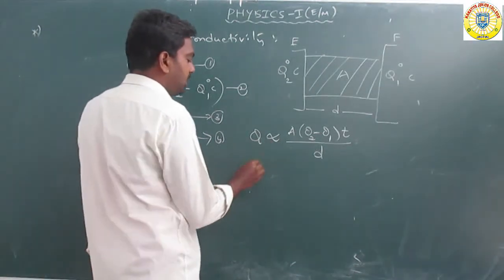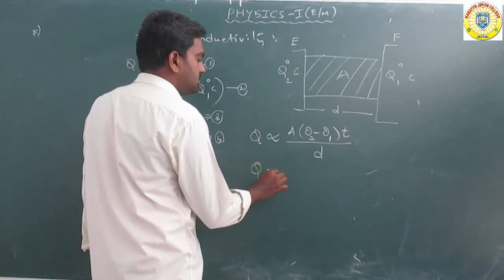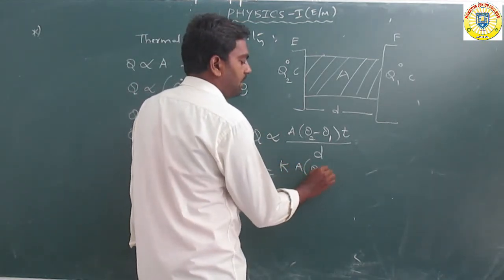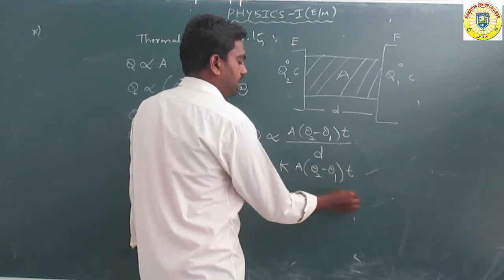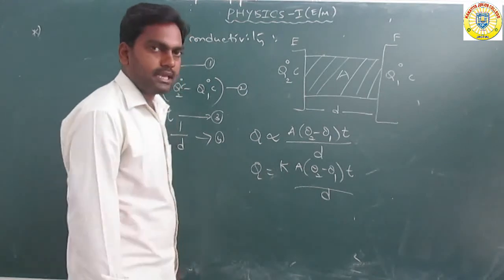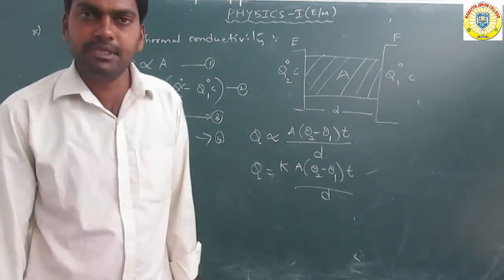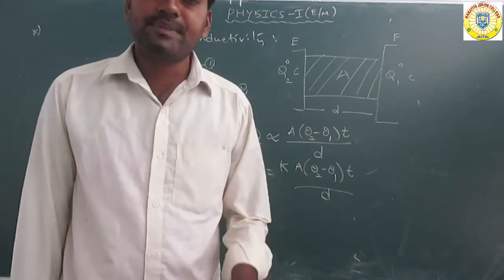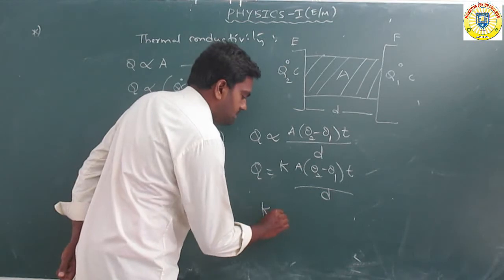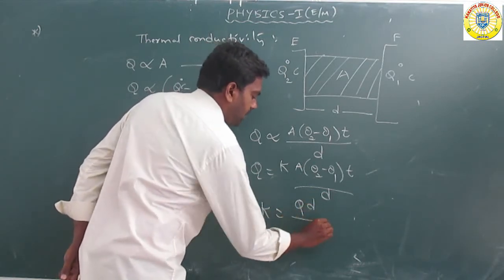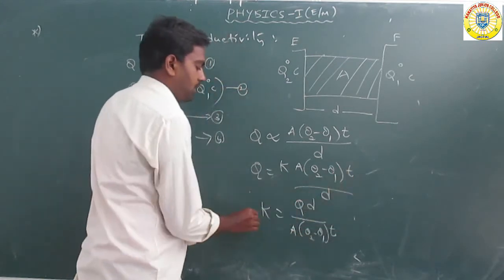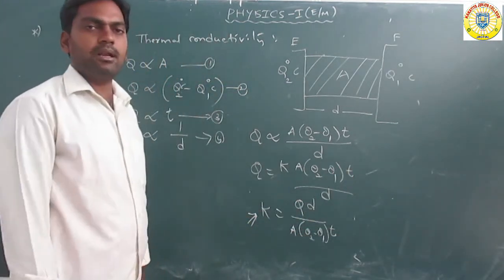The proportionality can be dropped by taking some constant, called K. So Q equals K into A into theta 2 minus theta 1 into T by D. K is called the coefficient of thermal conductivity. So we can write the equation K equals Q into D by A into theta 2 minus theta 1 into T.